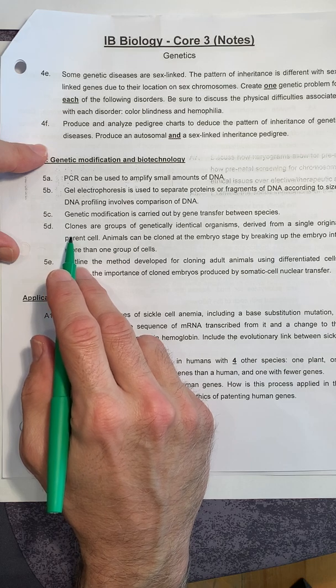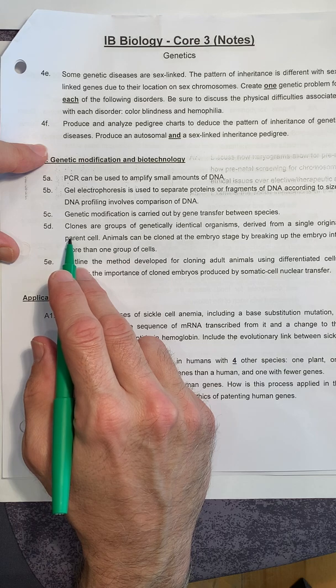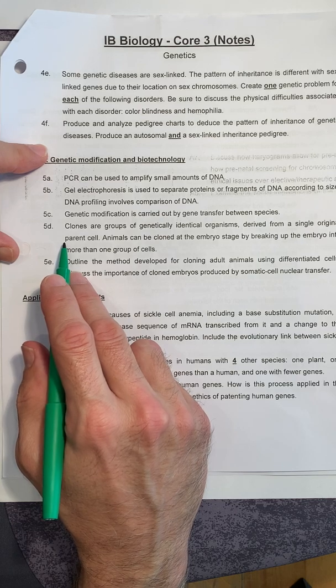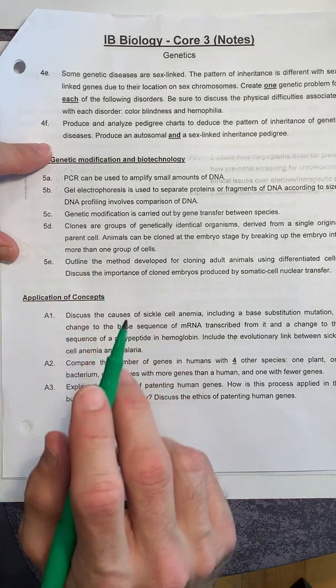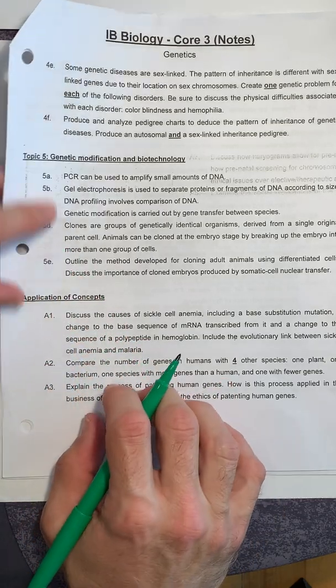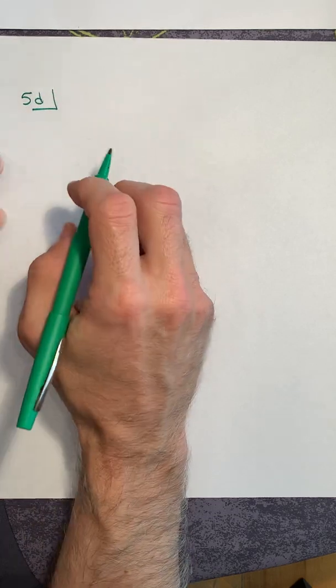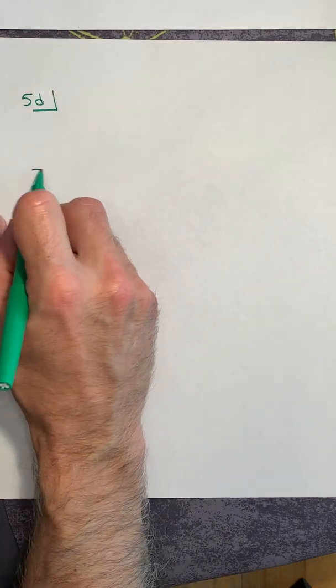Any pair of organisms, or even triplets, identical twins, identical triplets, identical quadruplets, those are clones. They are all genetically identical. When someone says that they are against cloning, what they really mean is they are against human cloning, and that's a different discussion. So we need to be sure that you are comfortable with the fact that we as a species, as other animals do, create clones.